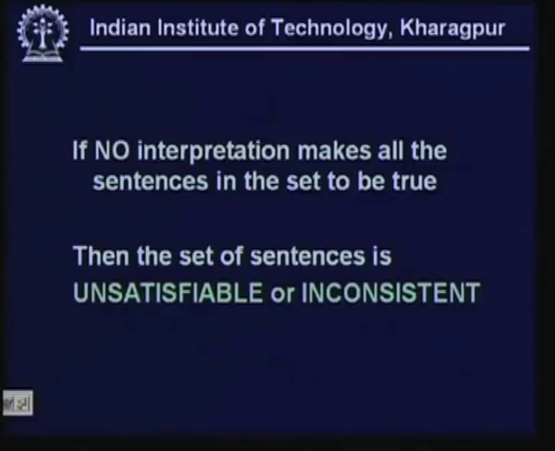So this is a very important notion, satisfiability. Briefly speaking, if given an interpretation, a sentence evaluates to true, then that interpretation satisfies the sentence. The sentence is satisfied under that interpretation.